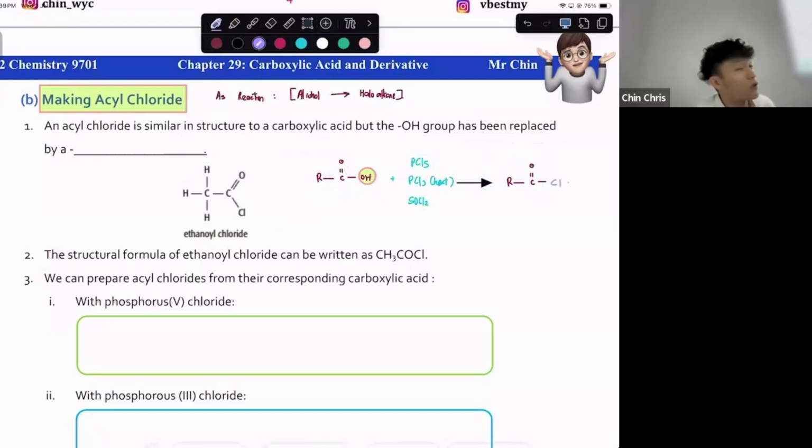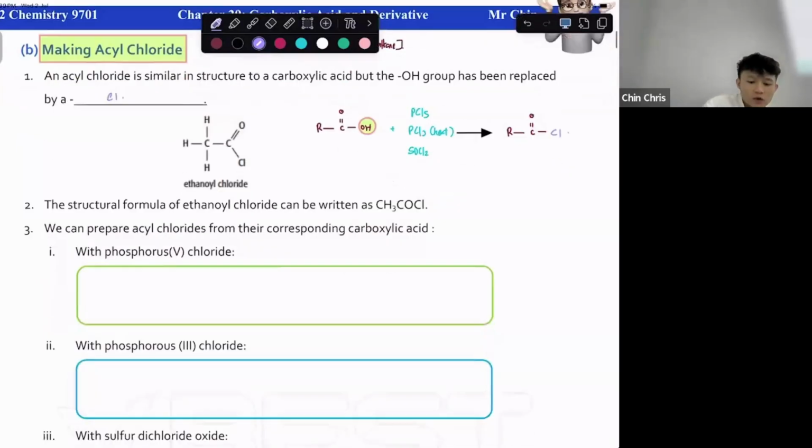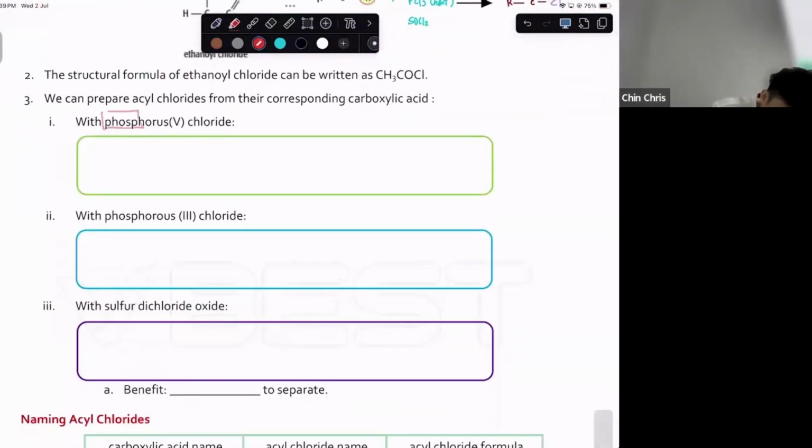Understand? So the reaction is just like AS, yeah? PCl3 with heat, PCl5, SOCl2. That's it. So OH has been replaced with a Cl. Alright guys, first one with PCl5.